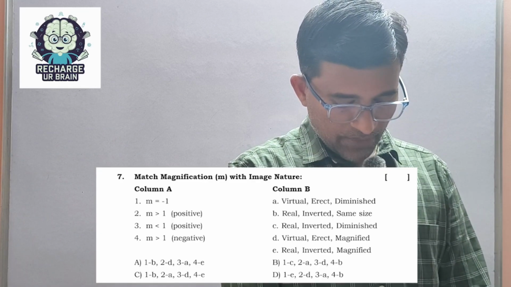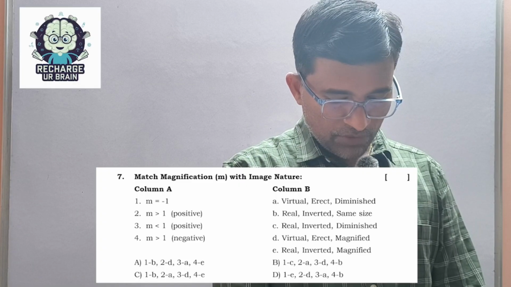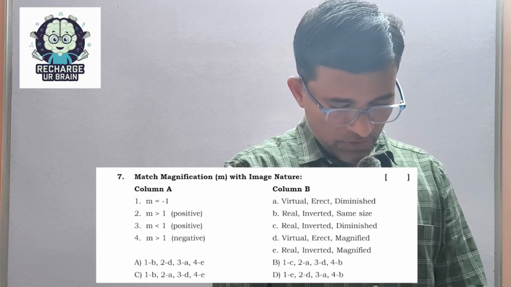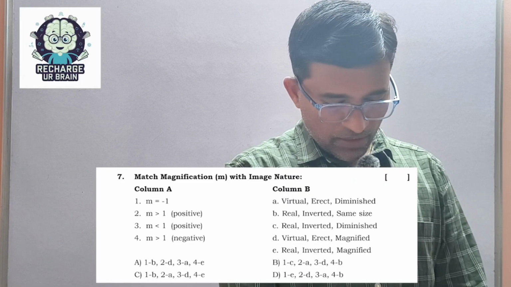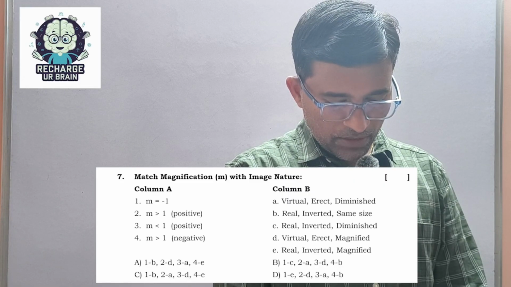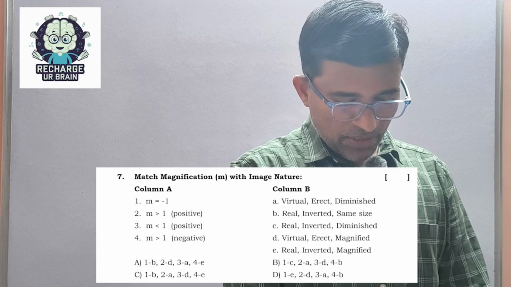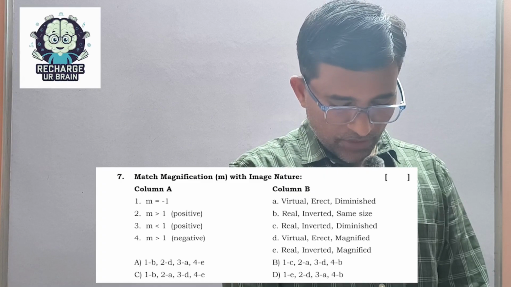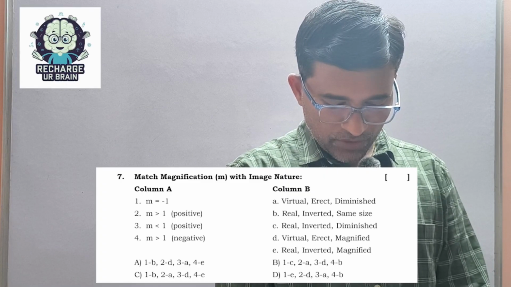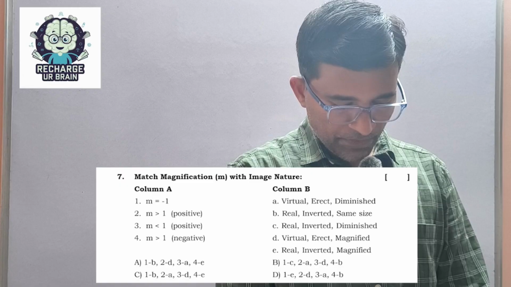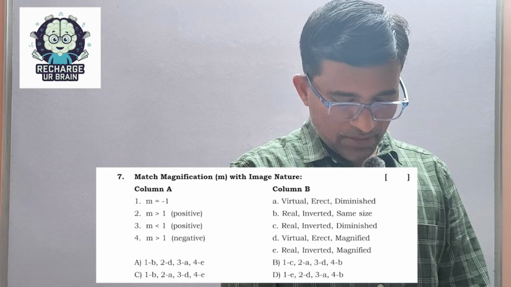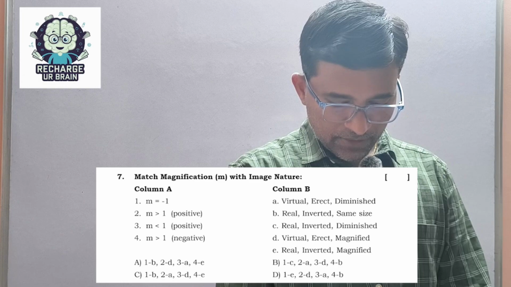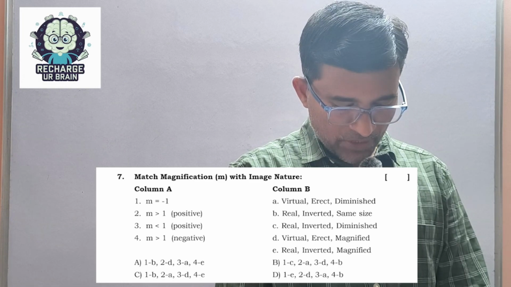Next one, seventh one: match magnification M with image nature. For this seventh question, column A and column B options are there. Magnification M equal to -1, that is B in the given matchings. Next, magnification greater than 1, a positive value, is a virtual erect magnified image.